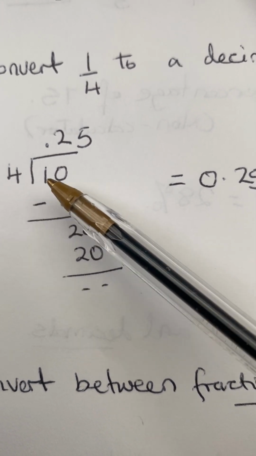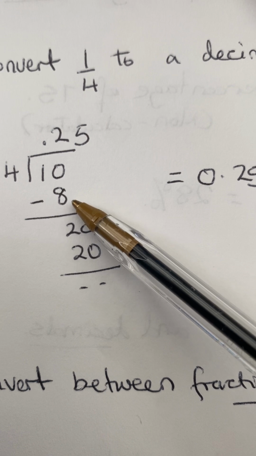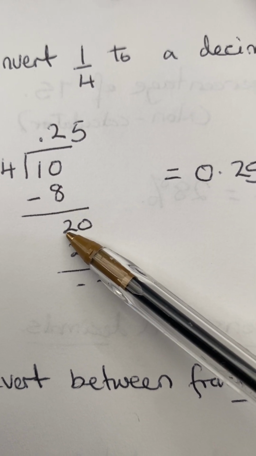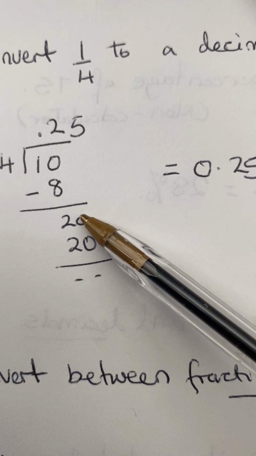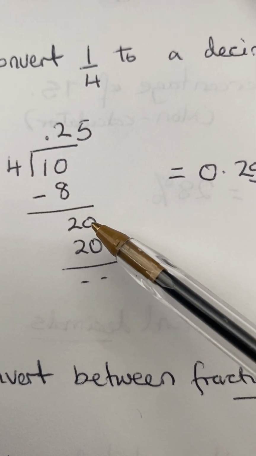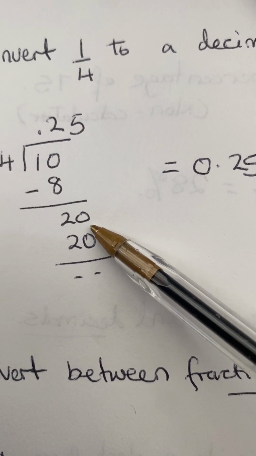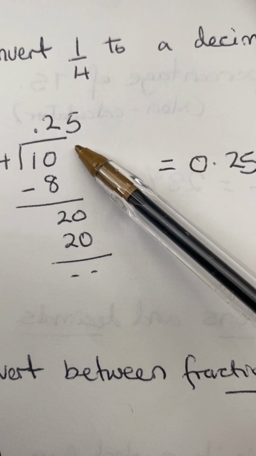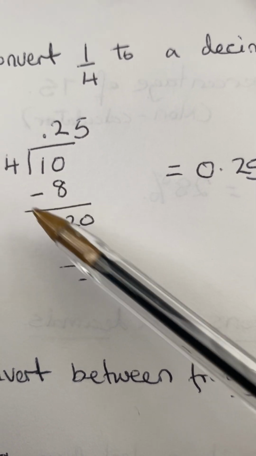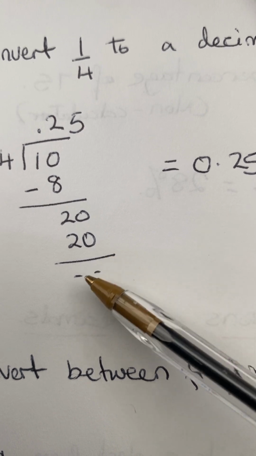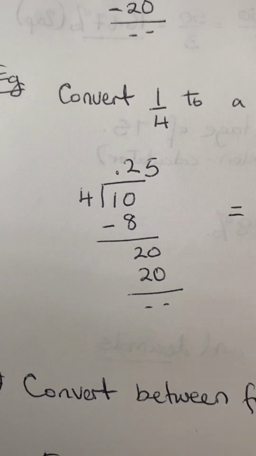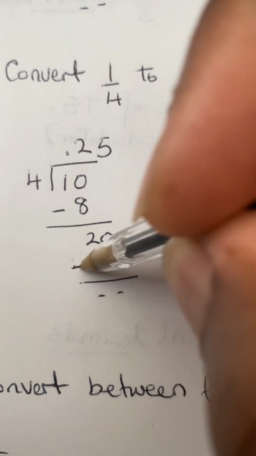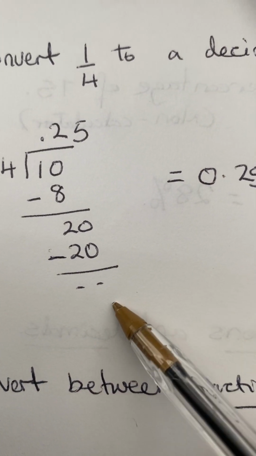Okay, 10 minus 8 is 2. Then we add another 0. How many 4s do we have in 20? 5. 5 times 4 is 20. There. So 20 minus 20 is 0.